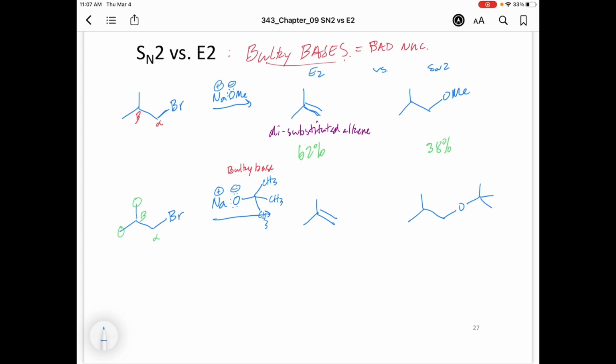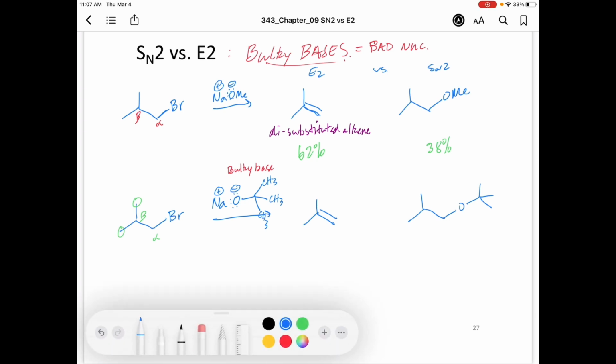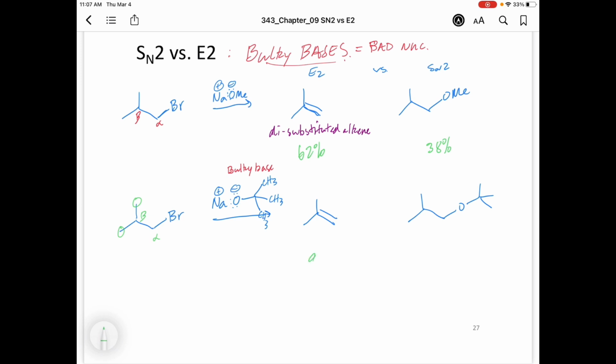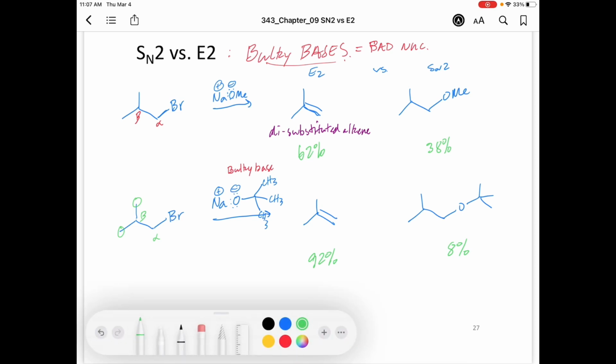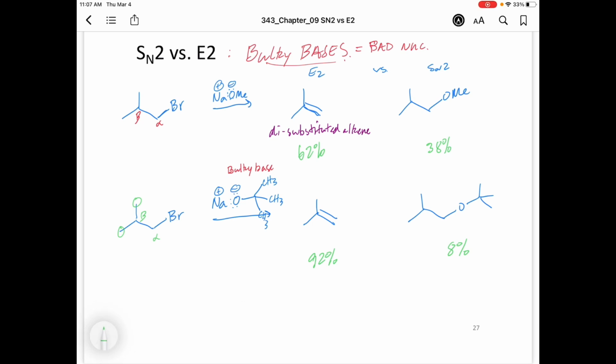And here's what happens. We end up getting 92% of our disubstituted alkene and only 8% of our SN2 product. So when we think about this mechanistically, you want to think about this tert-butoxide. It is so big.